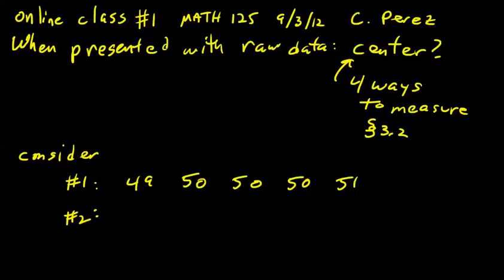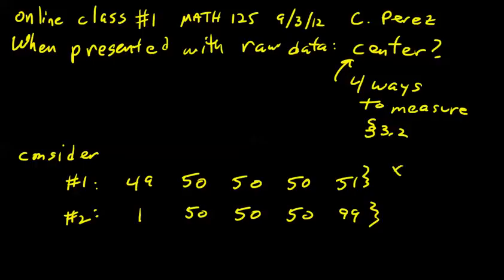And let's consider data set number 2: 1, 50, 50, 50, and 99. Well, if we consider these 2 data sets, we can see with some easy calculations that the means are the same, the medians are the same, the modes are the same, and the mid-ranges are the same for both sets.